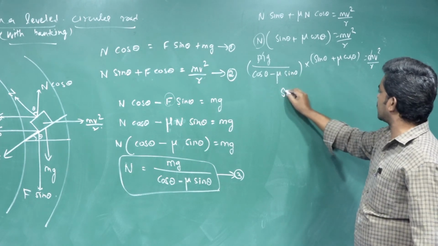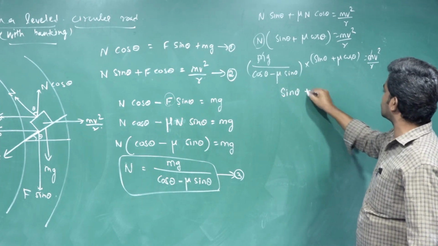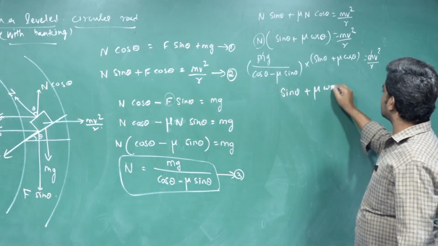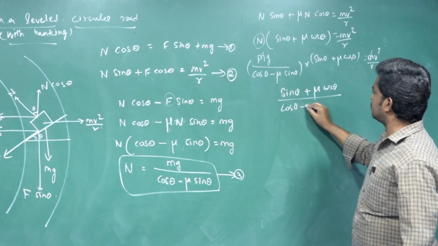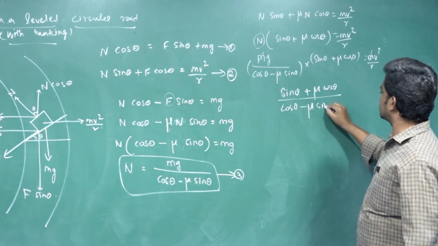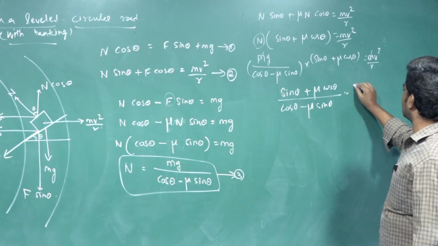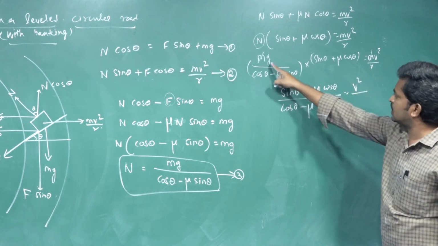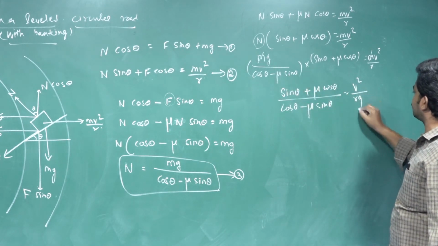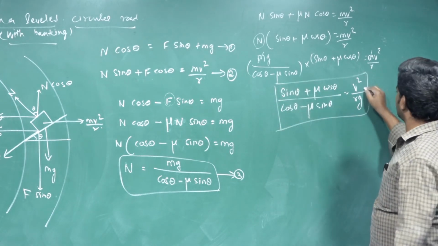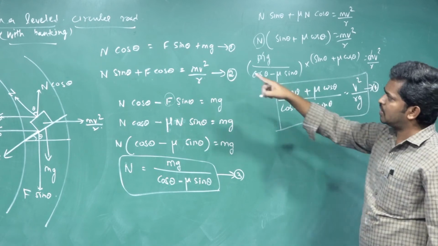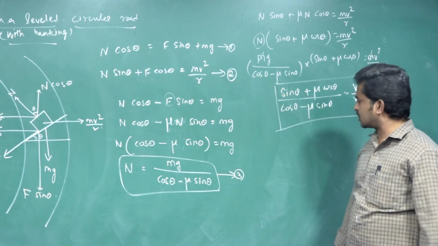So sin theta plus mu cos theta divided by cos theta minus mu sin theta equals v square divided by rg. This is another equation for the velocity of a vehicle with banking.